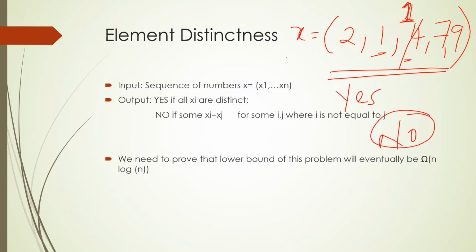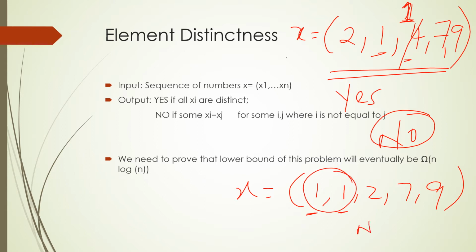Basically we are going to try to prove that the lower bound of this problem is omega n log n. The most trivial way to solve this problem is to sort these numbers. We'll make them look like 1, 1, 2, 7 and 9, and then check any two numbers which are next to each other because we've sorted, and if they are equal then print no. If none of them are equal then we'll print yes.